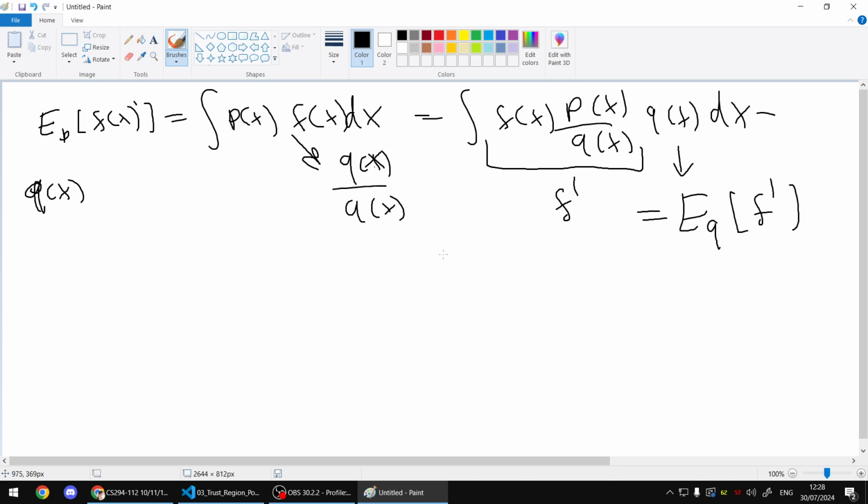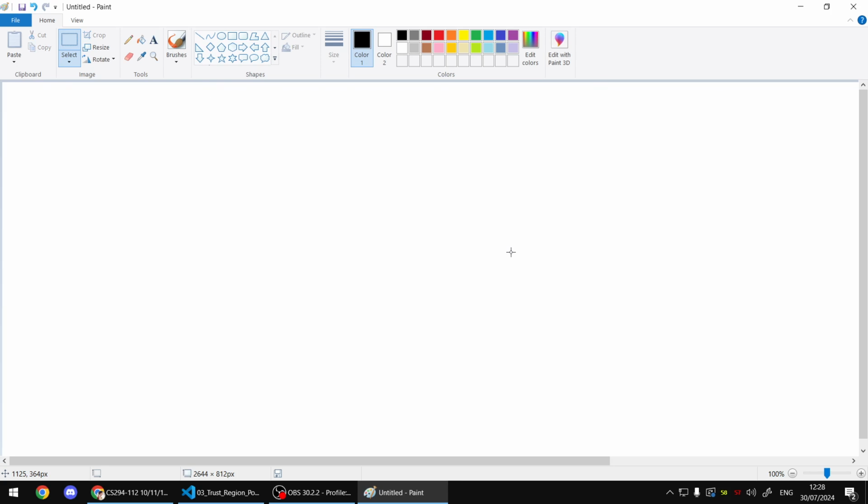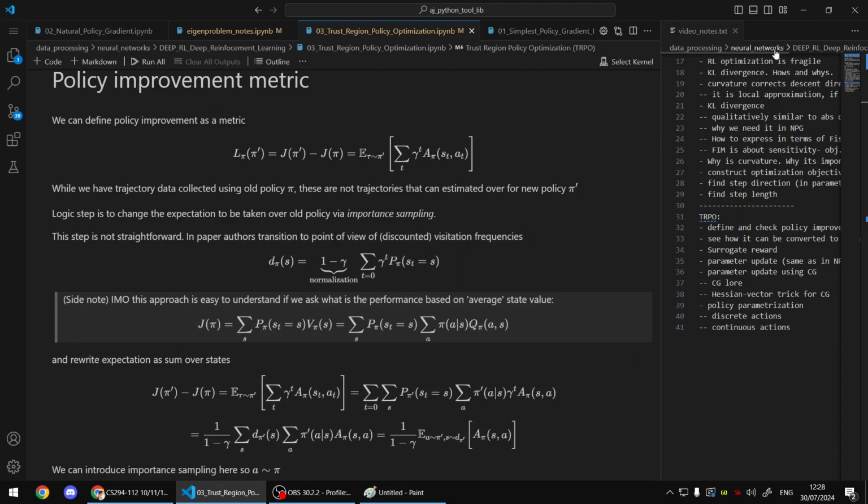You can just follow through. It's very simple and logical, except that the distributions have to overlap everywhere where it's important.